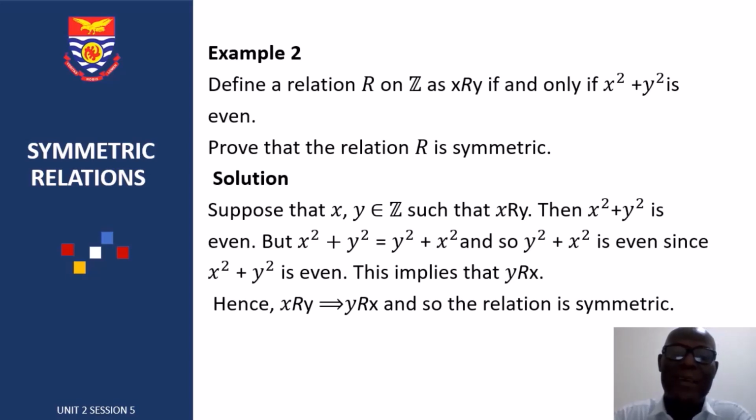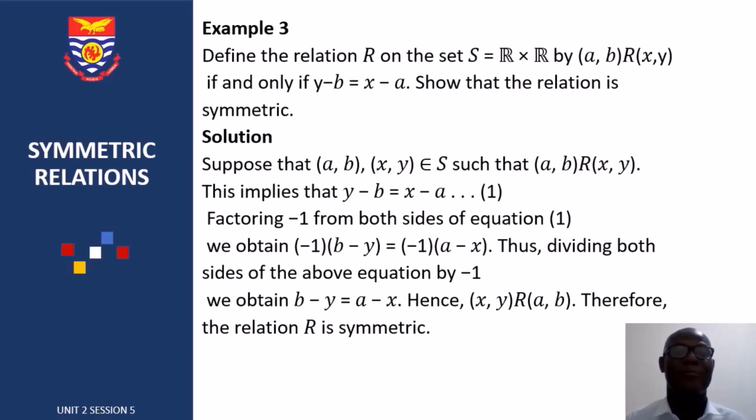But x squared plus y squared is equal to y squared plus x squared. And so y squared plus x squared is even, since x squared plus y squared is even. This implies that y is related to x. Hence, x is related to y implies y is related to x. And so, the relation is symmetric.